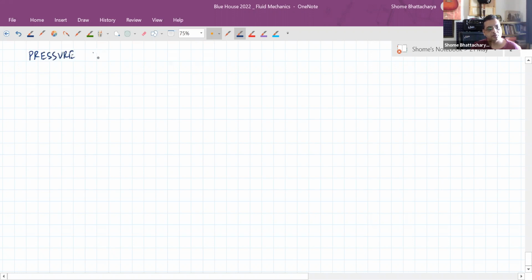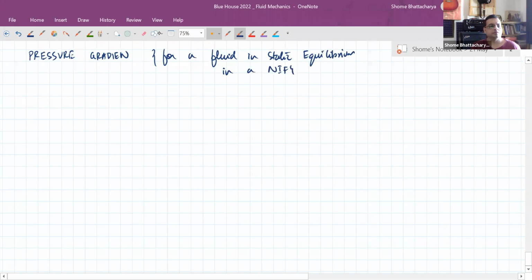Pressure gradient for a fluid in static equilibrium in a non-inertial frame or accelerated frame.